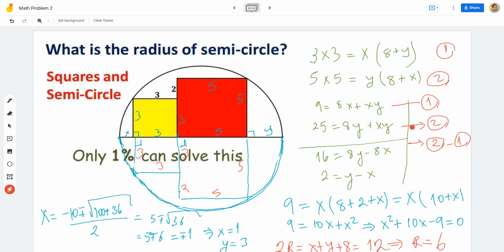If we subtract the first from the second, we get 25 minus 9, 16, equals 8y minus 8x, and the xy terms cancel. We have this new equation. If we simplify, 8 is common, so we factorize 8 and divide both sides by 8. You will get the final equation, 2 equals y minus x.